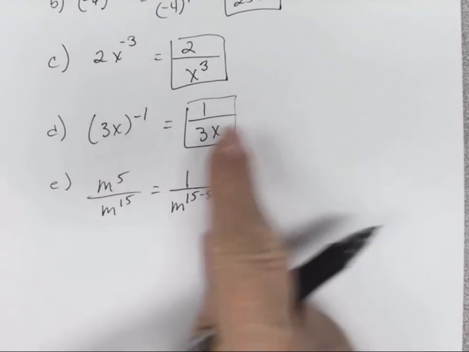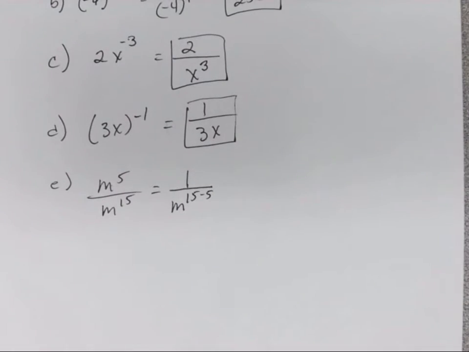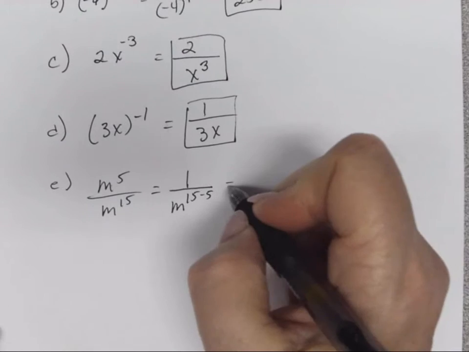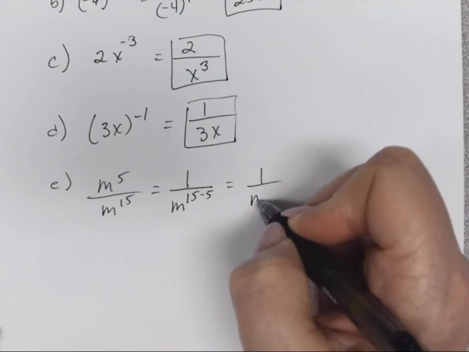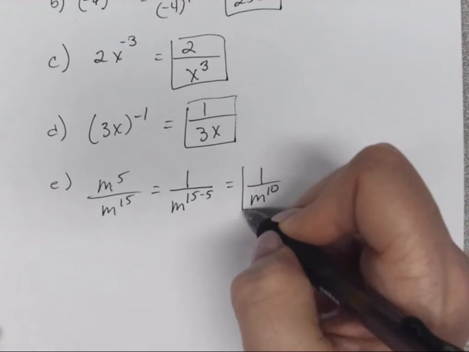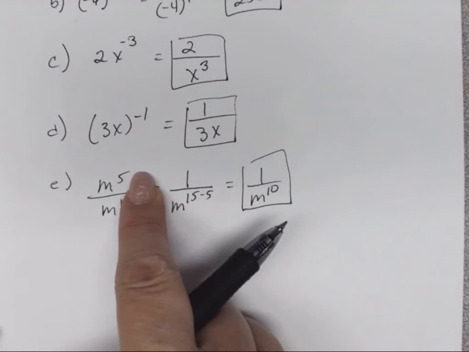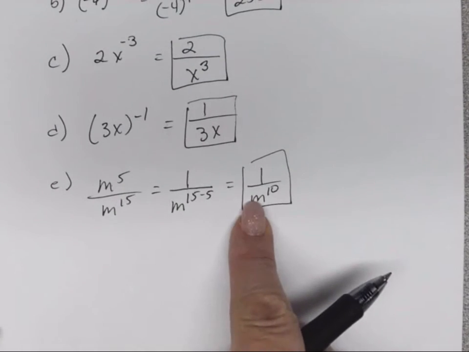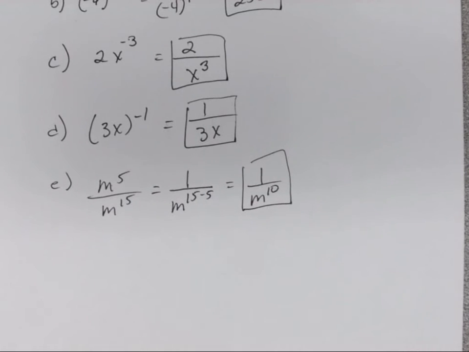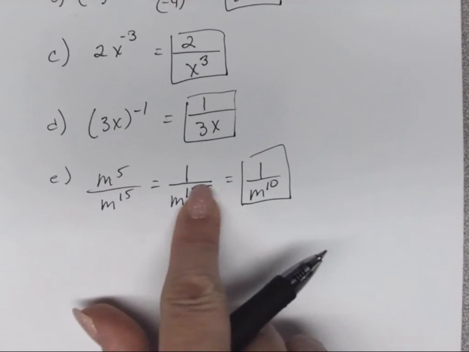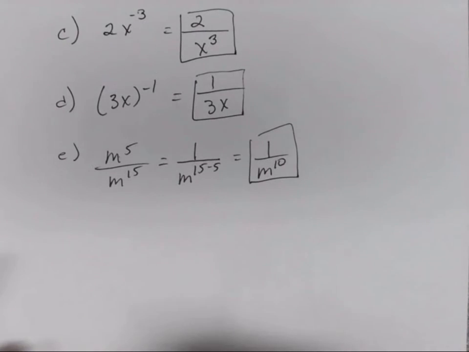You have to write the 1 on top just like we did before because nothing's left up there. And this will be equal to 1 over m to the 10th power. Now, like I said, you could have brought up the 15 and subtracted it and gotten m to the negative 10 and then turn around and push it down. You can do it either way, but I prefer just to figure out where they're going to go.